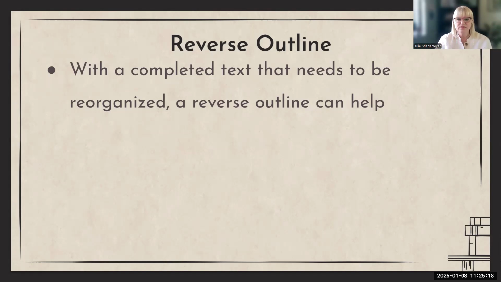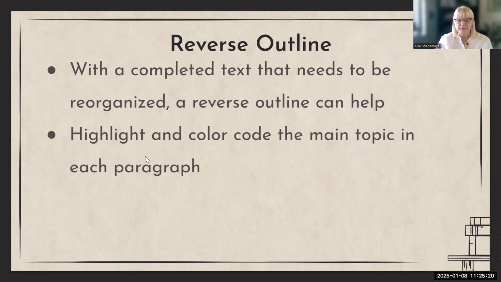Well, doing a reverse outline can help, because what you can do is go through each paragraph and in each highlight the main idea in a different color. So each new subtopic is in a different color.